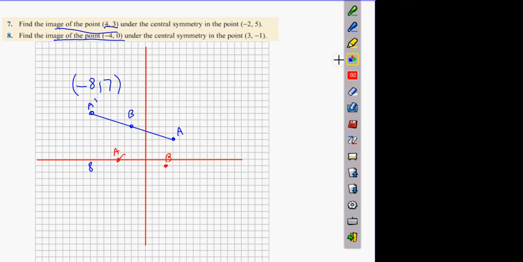You go 1 down, how many across? 7. 1 down, 7 across. Does that look right? Yeah. And then what do we get here? 3, 4, 5, 6, 7, 8, 9, 10. 10 and minus 2. Okay.